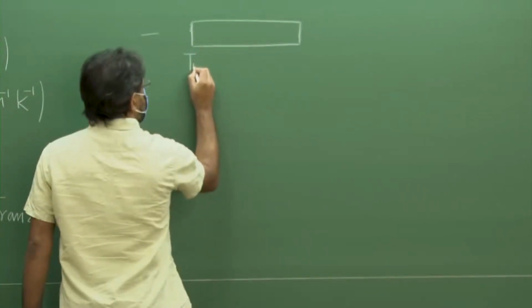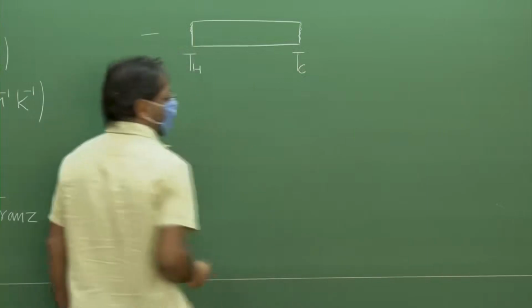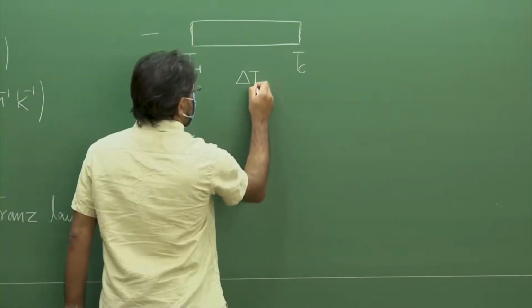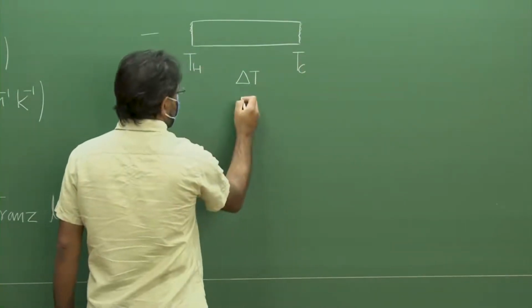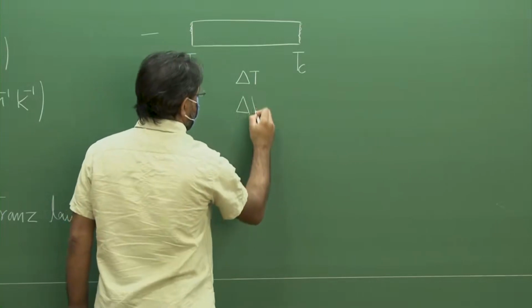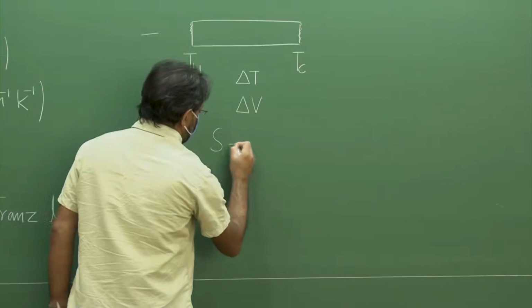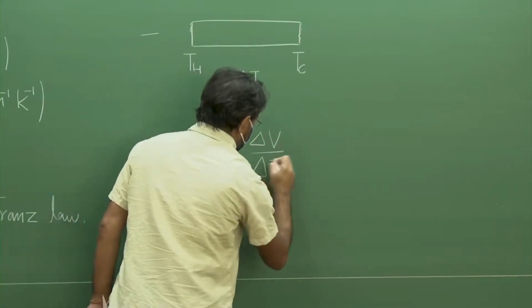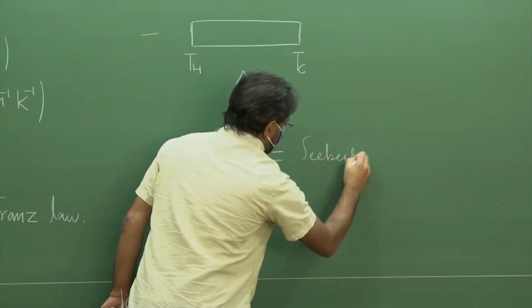So, this is TH, the temperature of the hot end, here is the temperature of the cold end, and delta T is the temperature gradient, and in response to the temperature gradient, you will get a voltage gradient delta V, and this ratio delta V over delta T is known as Seebeck coefficient.